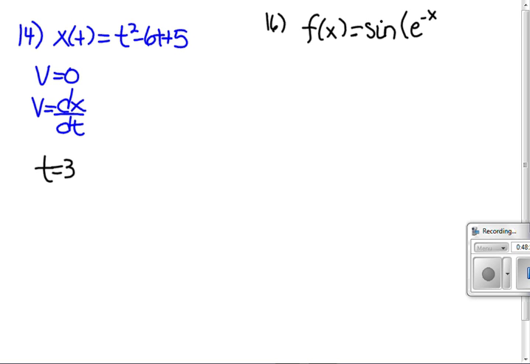Now, I discovered in my other class, okay, Alexi, guys, listen carefully. I looked at this one, the other class, they think it's the sine times that. That is not the product rule. E to the minus x is the angle. Who wants to come up and do it? Come on up. Try it. If you can't do it today, you can't do it tomorrow.